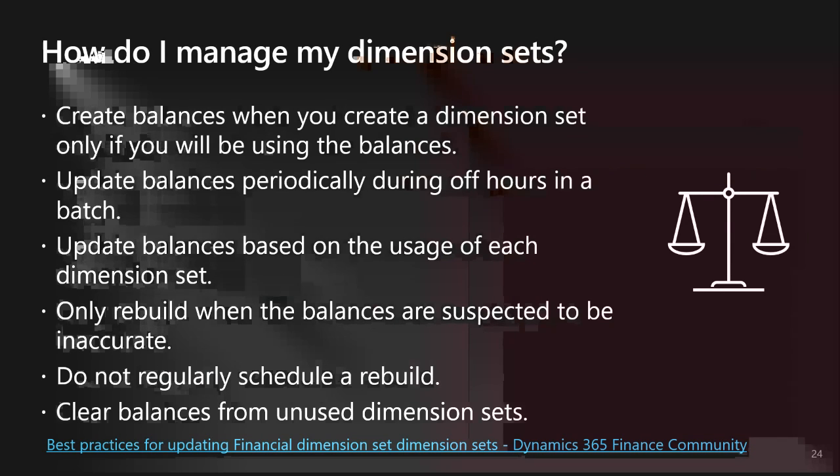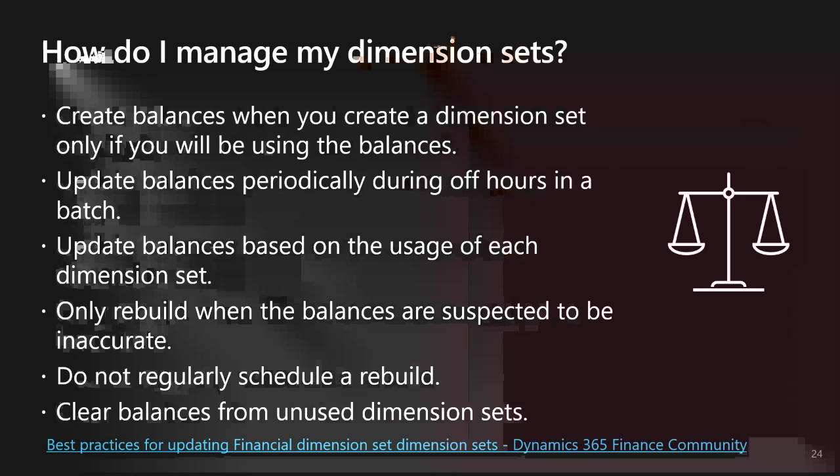But let's get back to how you manage your dimension sets. It is important that when you create a new dimension set, you only use the Create Balances button to initialize the balance if or when you intend to use the balances. When a dimension set has balances, the balances must be updated after any posting to the general ledger.